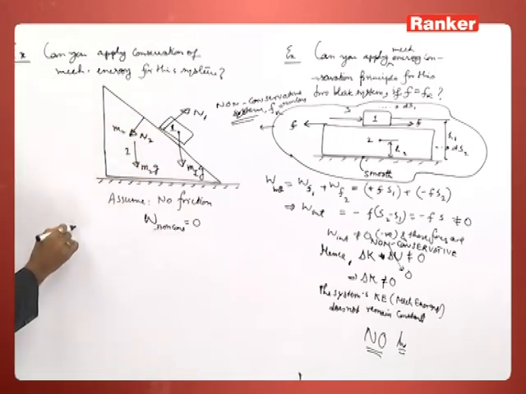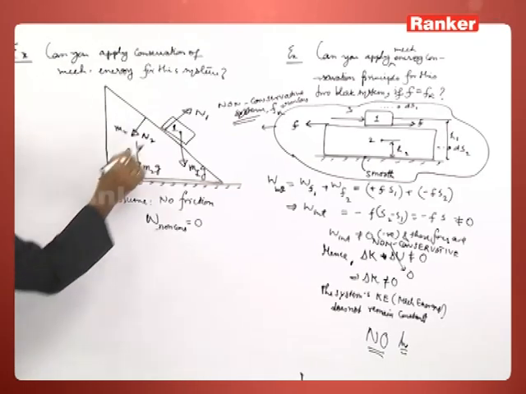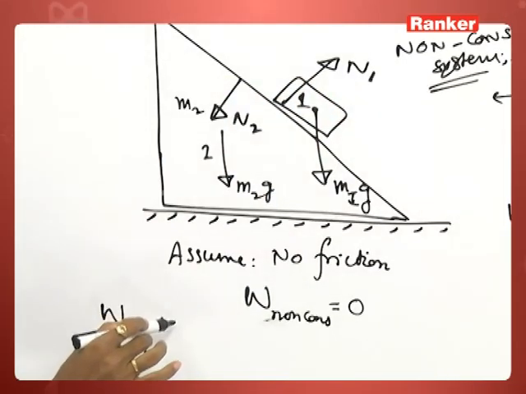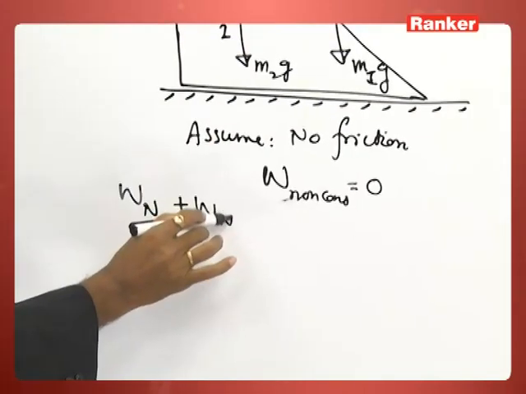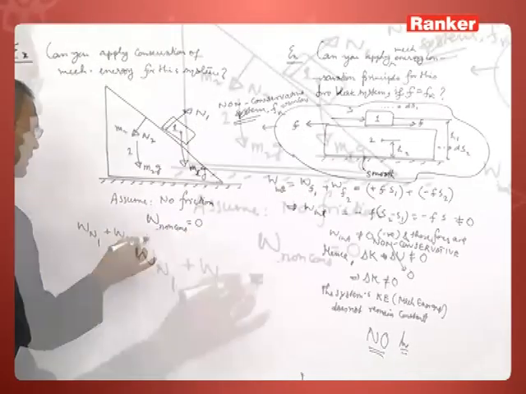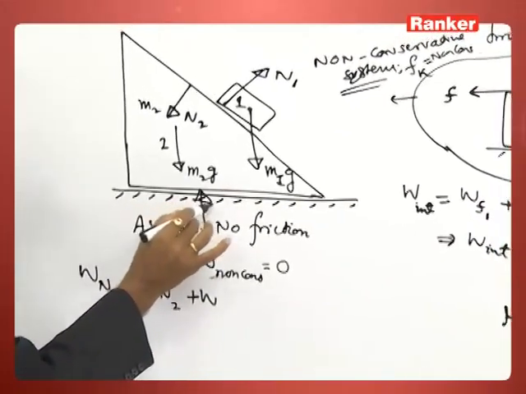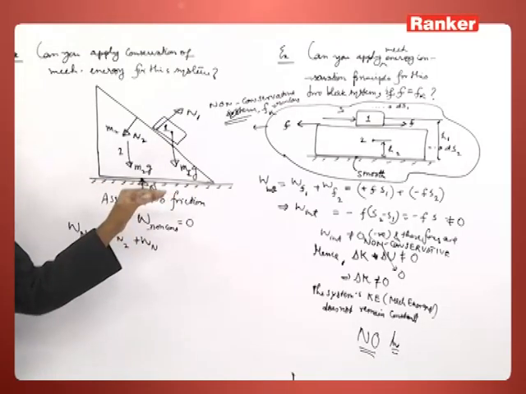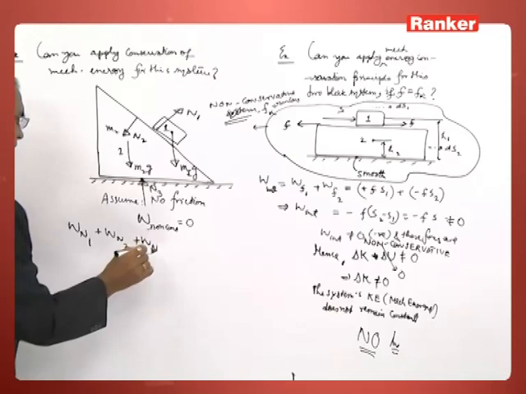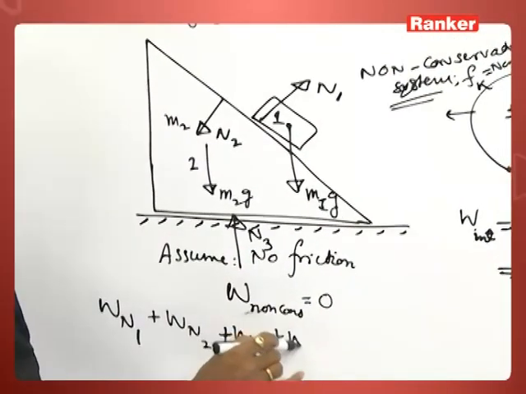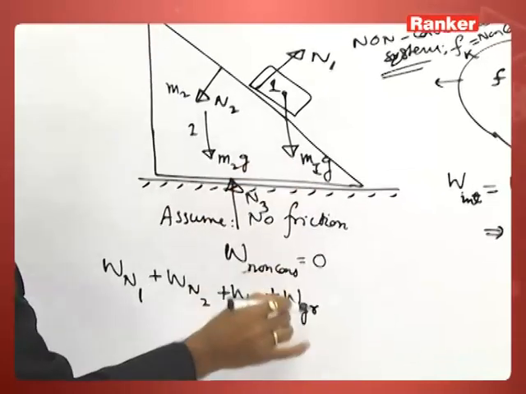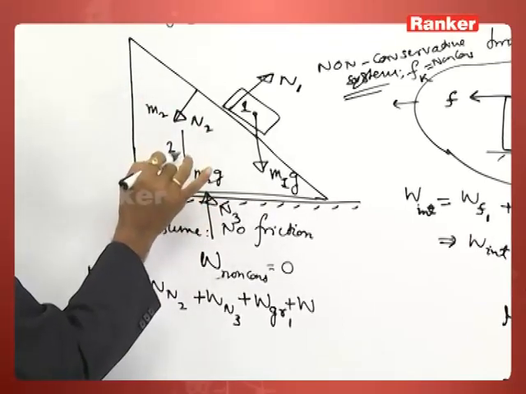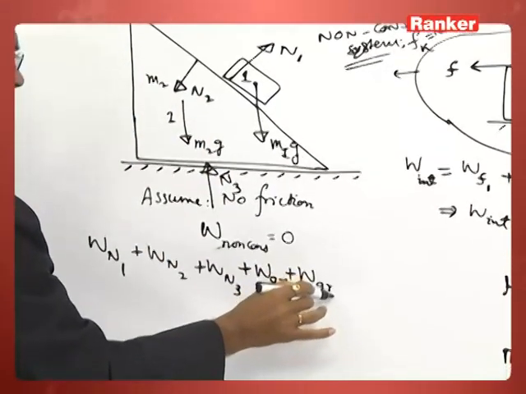Let us calculate the work done by this constant force N1 plus work done by this constant force N2 plus work done by another constant force, the normal reaction offered by the ground onto the wedge, N3, plus work done by gravity force M1G on the first block plus work done by gravity force M2G acting on the wedge.